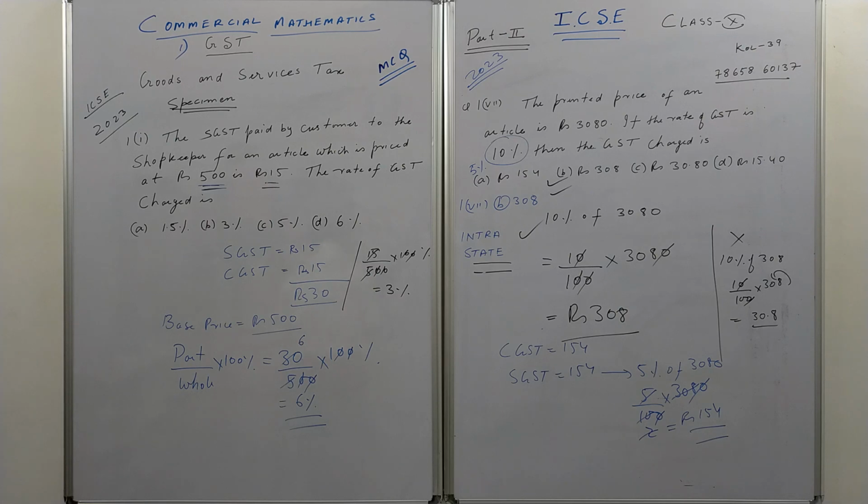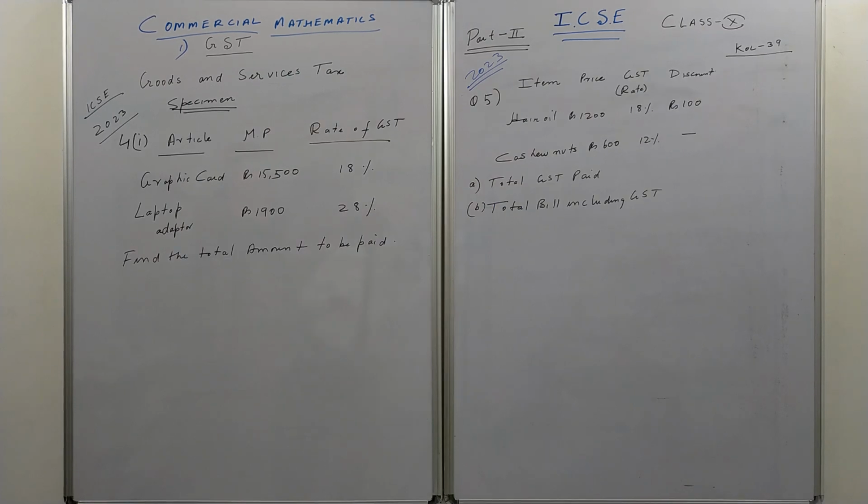Then we will take 2 sums, one from the specimen 2023 and one from the real 2023, traditional type of question. This is all about the MCQs we had in ICSE. In the first part video I showed you 4 MCQs and here 2. Now we will go to non-MCQ questions.